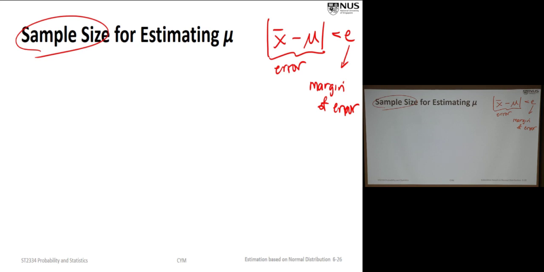E, I have to specify. So you can say, I want a difference between your answer x bar and the true answer mu, maybe less than 5, or maybe less than 1. So you can specify this margin of error.